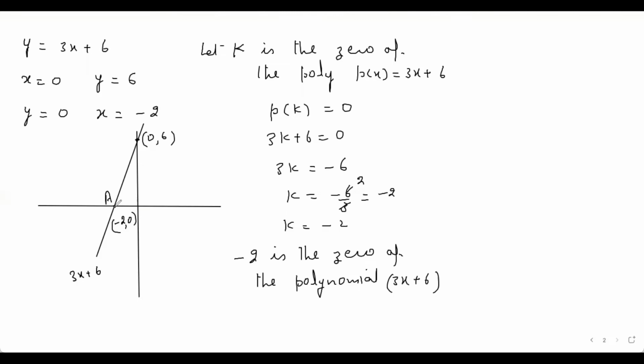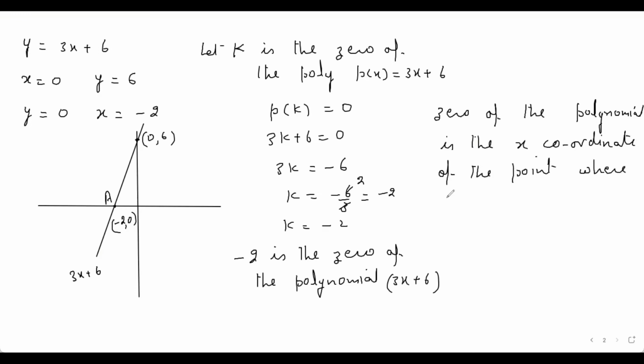So what you understood here is that the zero and the x coordinate of this point are both the same. So we will write here: the zero of the polynomial is the x coordinate of the point where the graph of the polynomial intersects the x-axis.